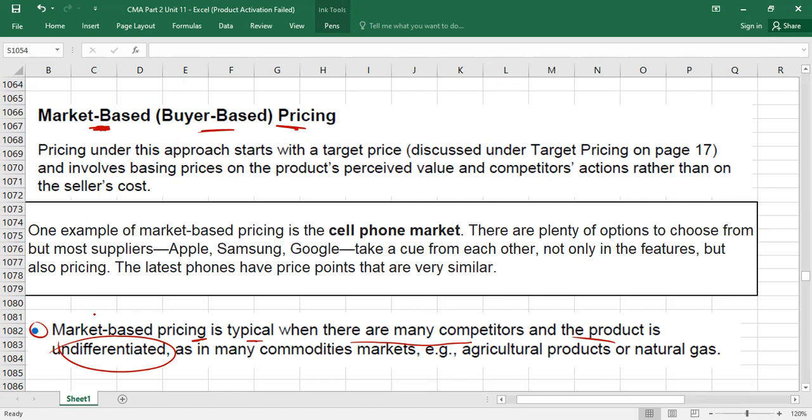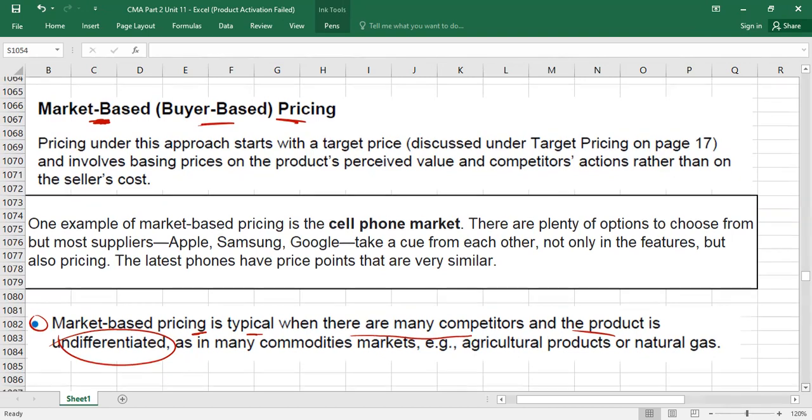If there are many sellers in the commodity market, you have to charge only the price which is prevailing in the market. And in terms of commodities, most of the time the market value is set by the government, so you cannot charge more than that. This is what is called market based pricing, the price which is prevailing in the market.